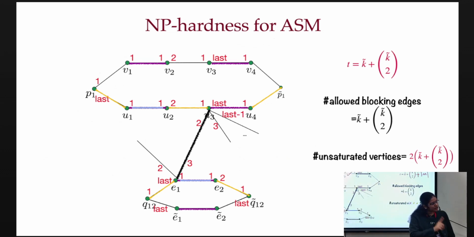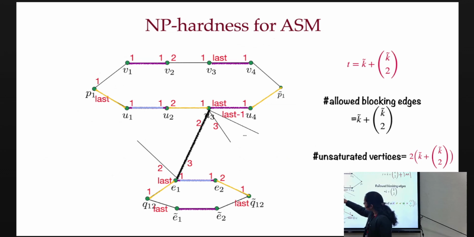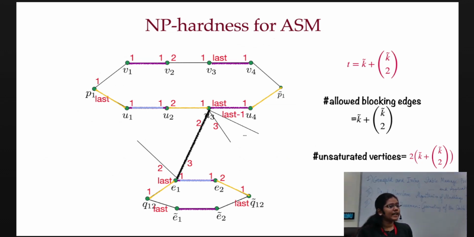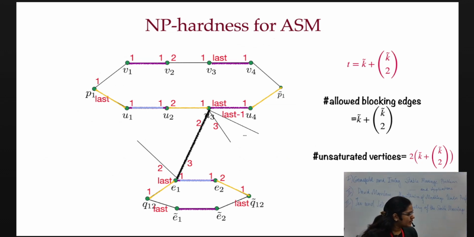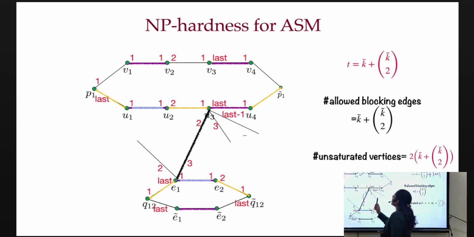So, that give you one blocking edge, right, but because you did not augment here, right, this is also blocking edge, correct. So, blocking edges is definitely greater than your budget, which is K tilde plus K tilde choose 2, right. This is why if you are augmenting here, you have to augment on the endpoints.